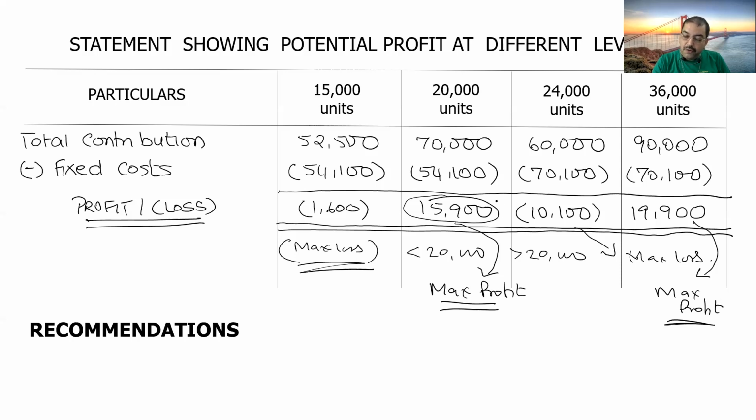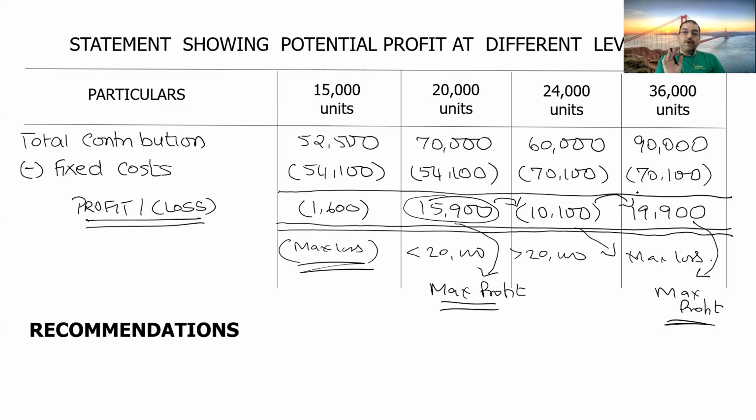From 15,900 to 24,000, my profits are declining, and then there is a loss of 10,100. Then from this point again, from 10,100 it is increasing, and the profits are going up to 19,900.